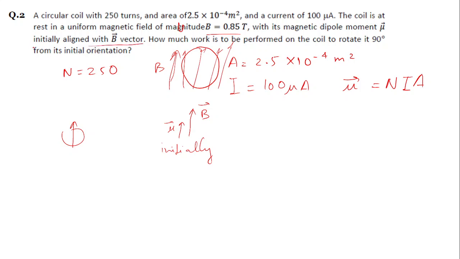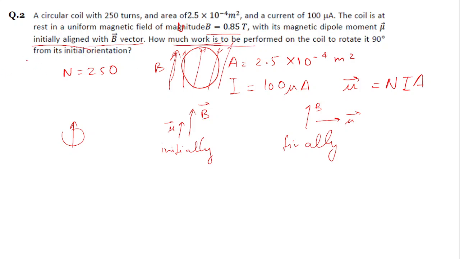Okay, how much work is to be performed on the coil to rotate it 90 degree from its initial orientation. So initially its magnetic moment of this coil is along the direction of B vector. So this is initial situation, if we want to change the magnetic moment of this coil to 90 degree to the direction of magnetic field, then how much work we need to perform.